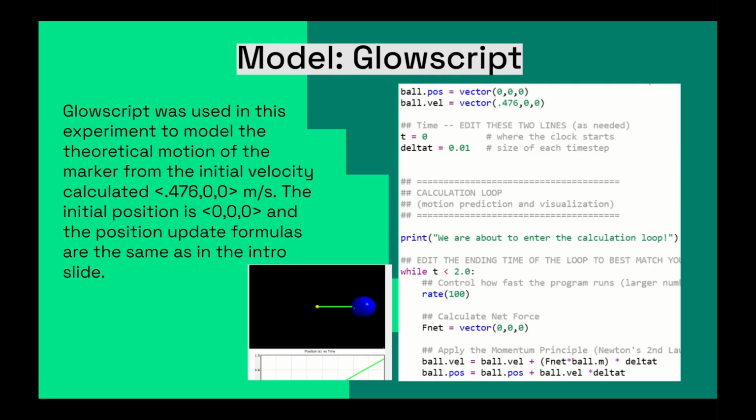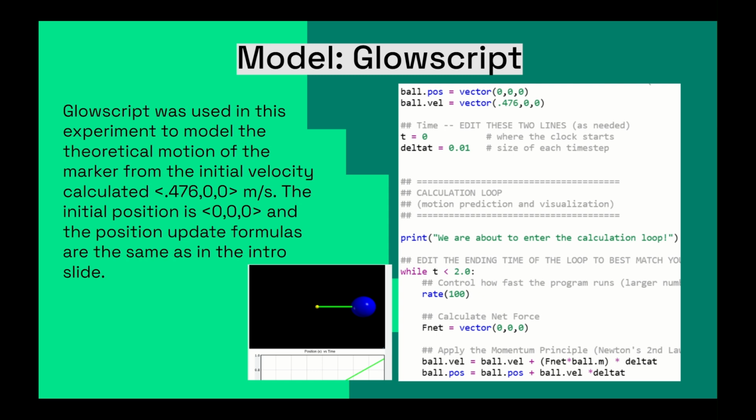And the GlowScript, as you can see here, is set to an initial velocity of 0.476, which is the difference in the distance between the two frames divided by the delta t, which is 0.01, and so it's 0.476 as the initial velocity here.